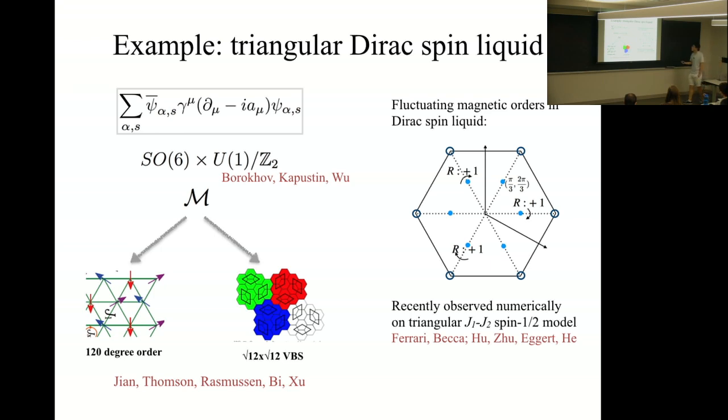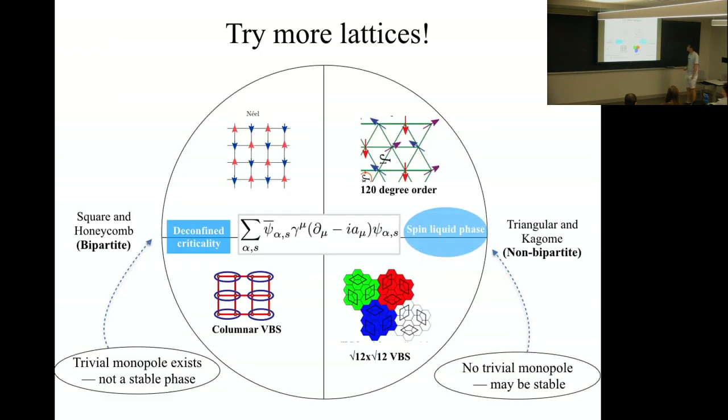It wasn't clear what spin liquid it was, but then recently people numerically observed that there's a sizable spectral weight around the K point in the Brillouin zone, which looks like this kind of magnetic order, along with some other signatures. But this K point amplitude is the fingerprint of the monopole from the Dirac spin liquid.